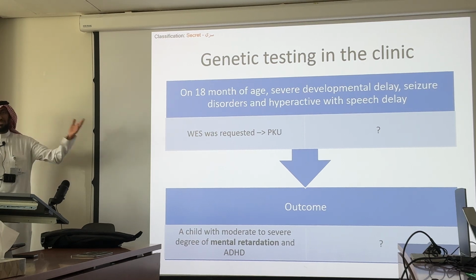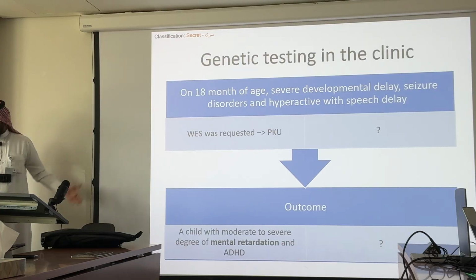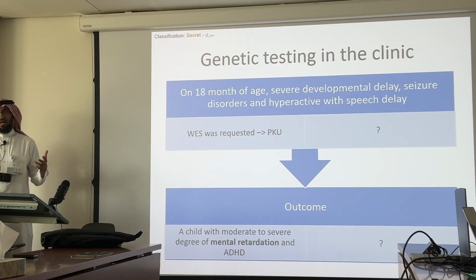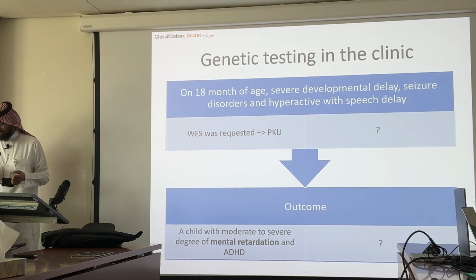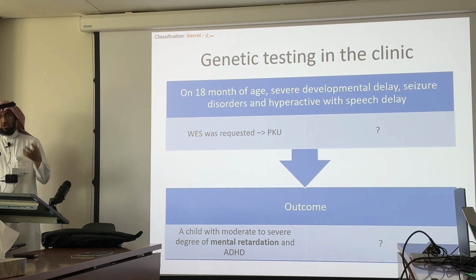The physician requested whole exome sequencing and ended up with the diagnosis of PKU at 1.5 years old. Severely developmentally delayed, speech delayed, seizure disorder. So he's a missed case. He should have been diagnosed in the first week. The outcome is a child with moderate to severe mental retardation and attention deficit hyperactivity.